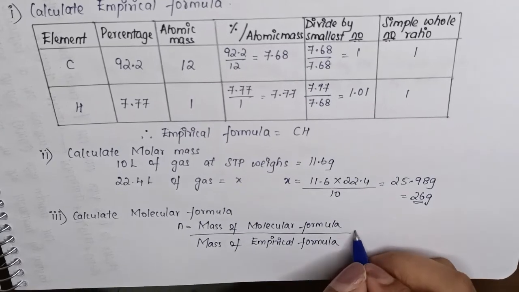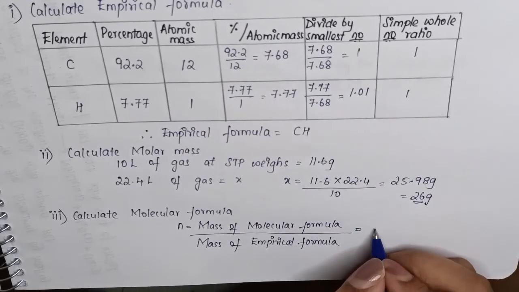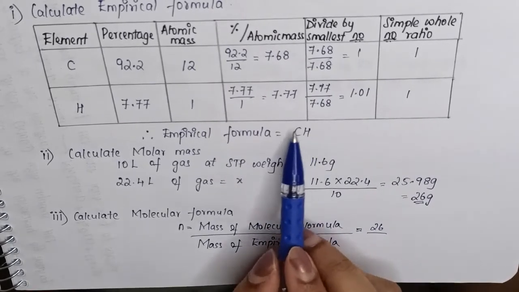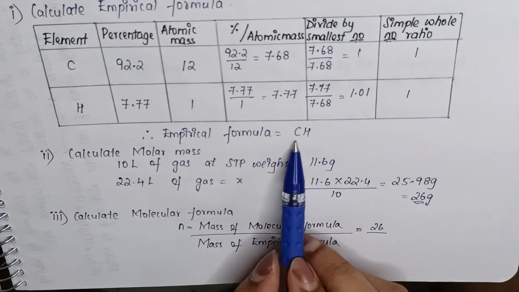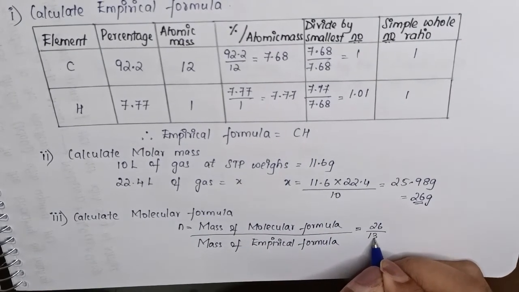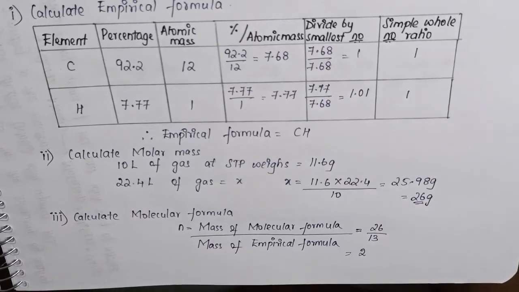Now, the molecular formula mass, what you found out right now, is 26. Empirical formula we just calculated, CH it is. So carbon is 12, hydrogen 1, so that becomes 13. So after calculating this, you will get N value equal to 2.